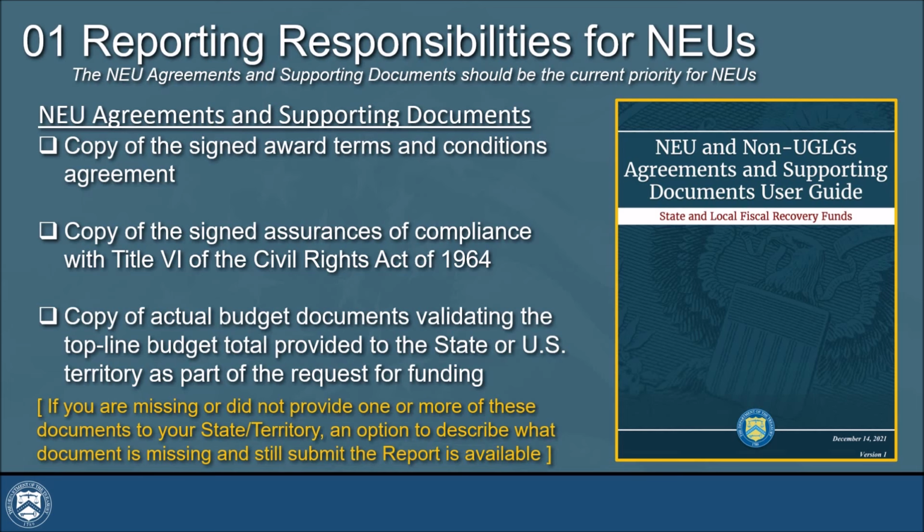A key item to note here, a lot of NEUs have expressed concern because they either don't have copies of the submitted documents or those documents were never requested by their state or territory.